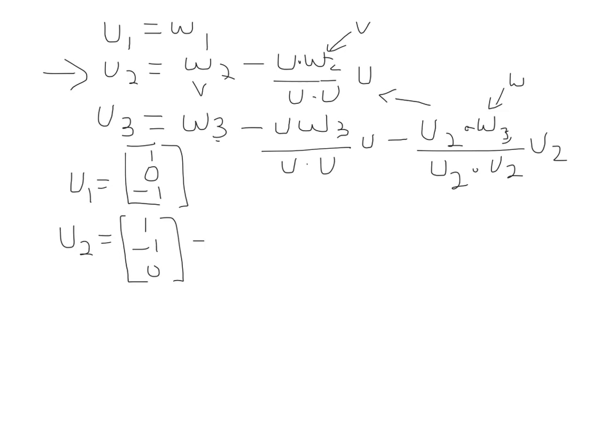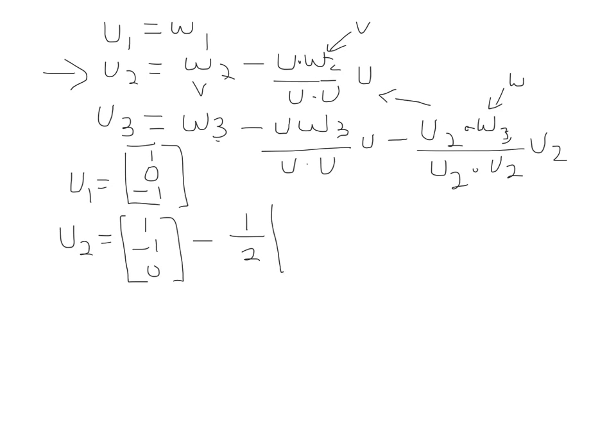And then we're going to take away the first vector, the dot product of the first vector with v, so the dot product of u and v. And so in this case, that's 1 plus 0 plus 0 over the magnitude of u dot u, which is 2.